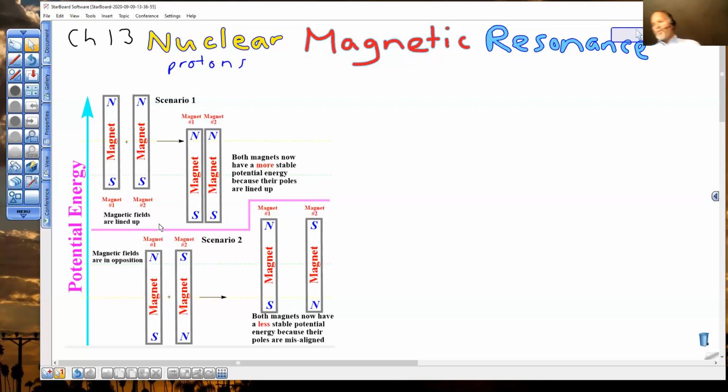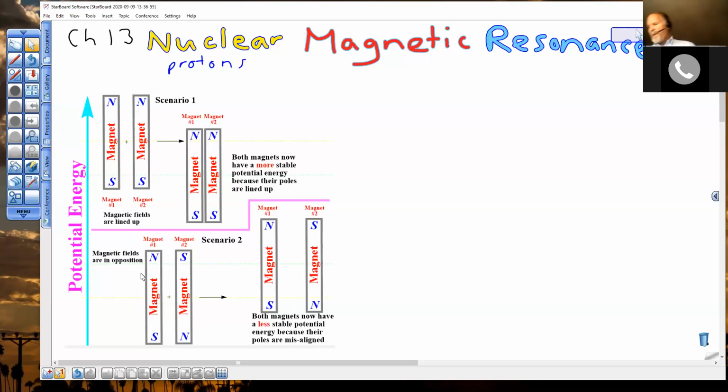Now, if I took my two magnets and had the poles misaligned or in opposition to each other, then they would repel each other. You couldn't get those magnets to be close to each other. If you did that when you were young, they kind of just jumped apart. Why? Well, because, oh, I'm getting an echo here.